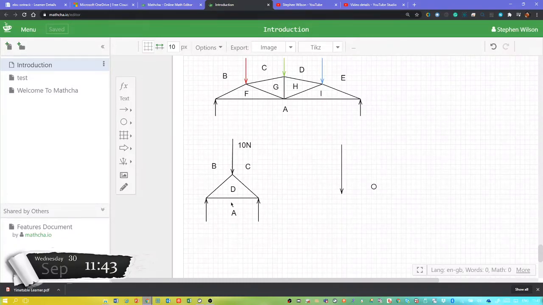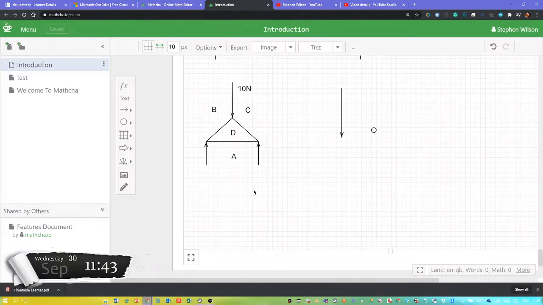I think that just makes things slightly less confusing. So we've picked our origin, and now we draw lines from the start of our vectors and the end of our vectors to the origin point. So that's what I've done just there.